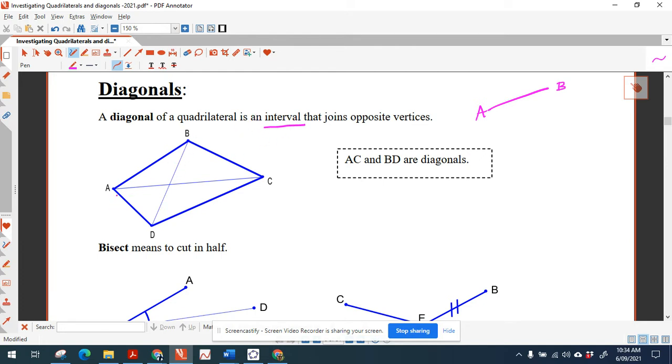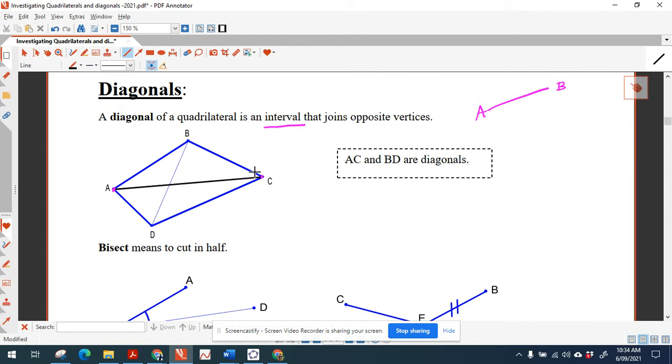So if I take, for example, vertex A and vertex C, the line joining those two vertices is called a diagonal. So if I just draw a line between those two, that black line I just drew is called a diagonal.